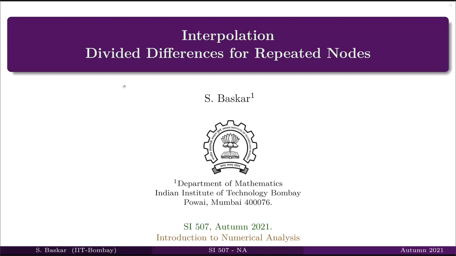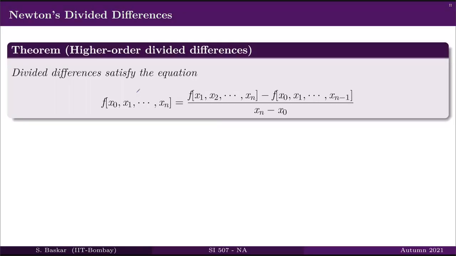In this lecture, we will try to derive an equivalent definition for divided differences, which makes sense even if the nodes are repeated. Let us first recall the definition that we have given in the last class for an nth order divided difference. The nth order divided difference of a function f at the nodes x0, x1 up to xn is denoted by this, and it is given in terms of the lower order divided differences, and the formula is given by this.